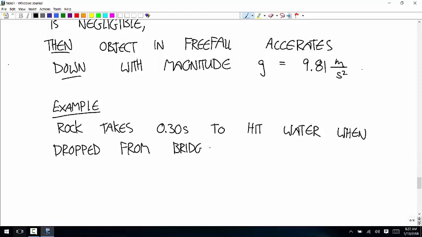I think it needs to take longer than that. Let's say 0.6. How high is the bridge?